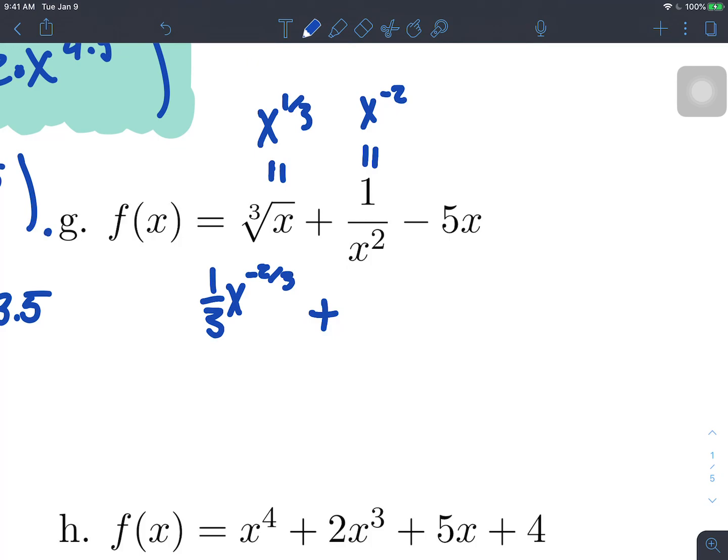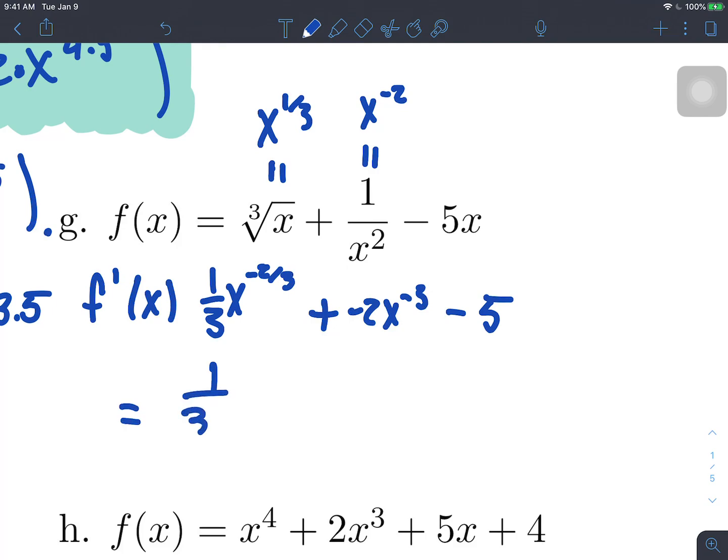Negative 2x to the negative 3. And the last thing, minus 5x. Yeah, minus 5. So if I wanted to write it in a nicer way, I might write 1 over 3x to the negative 2/3. Sorry, that should be a positive 2/3 now.